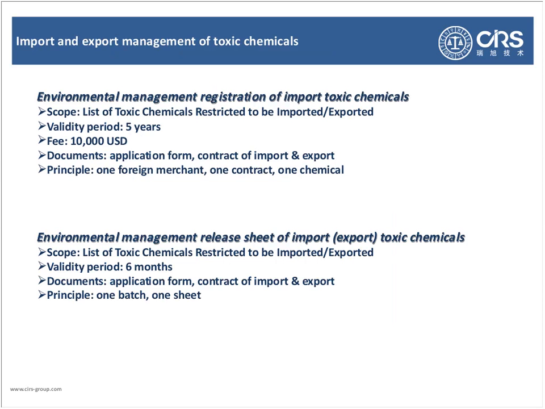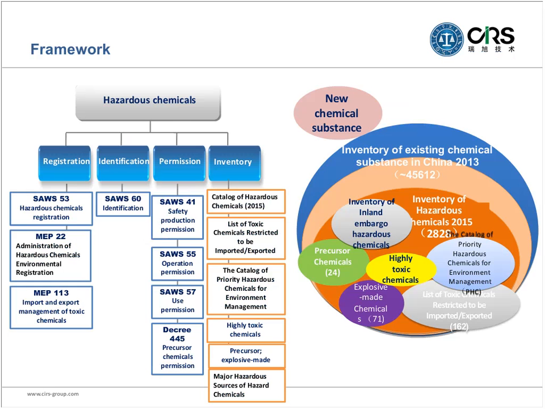Another one is about some inventory introduction. Here, firstly, is about the permission. This part we already talked about in our last webinar. Generally, the obligation is based on your role in your supply chain and your chemical substance. Basically, for all these permissions we mentioned, the main obligations belong to the domestic manufacturer or domestic importer.